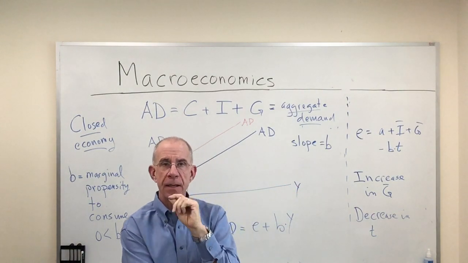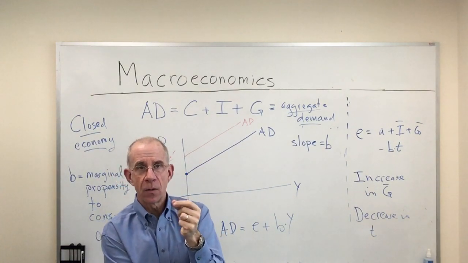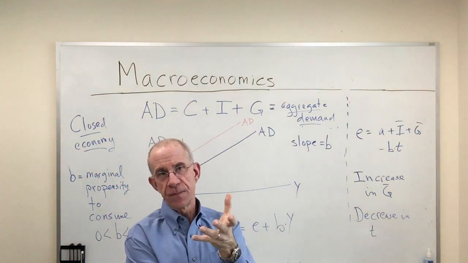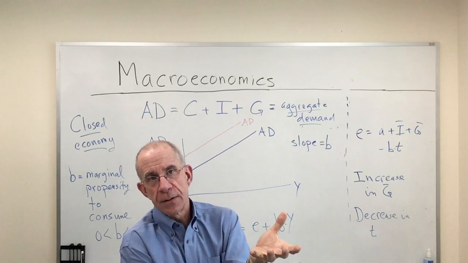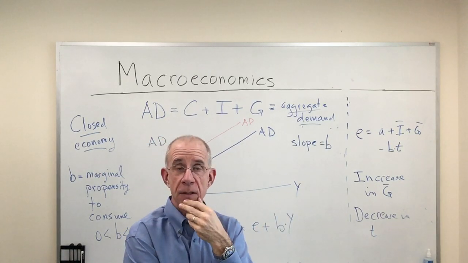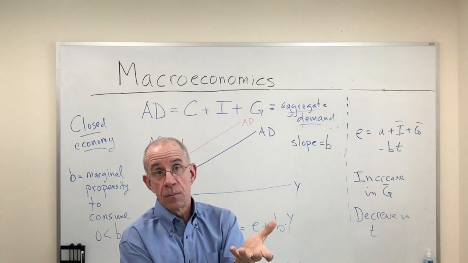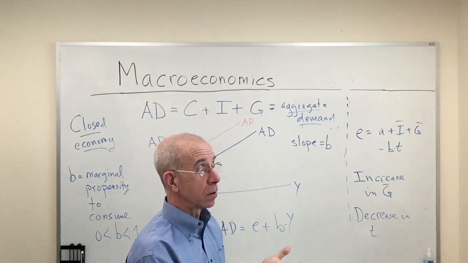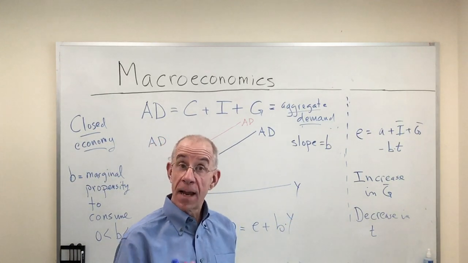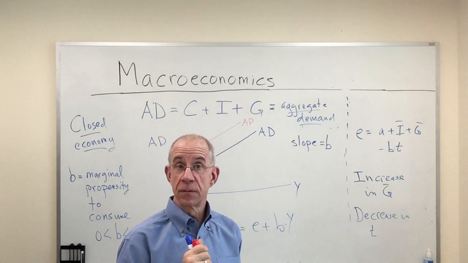Again, a little bit later, we will talk about how other effects can be very different. Trying to boost up aggregate demand by giving more people more income to spend may have different long-term consequences.